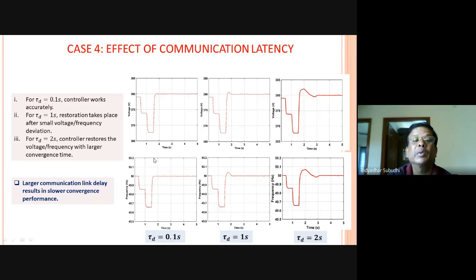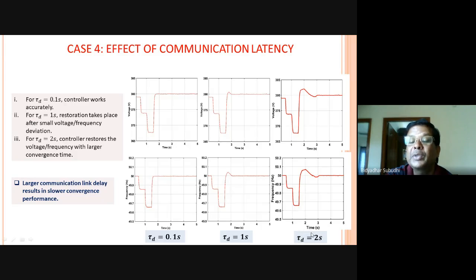When we choose a very low communication latency, 0.1 second, you see the voltage and frequency curves here. When the latency increases, you see there is a little deviation here.